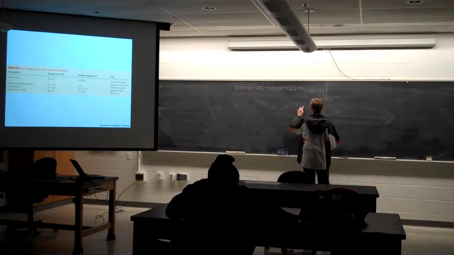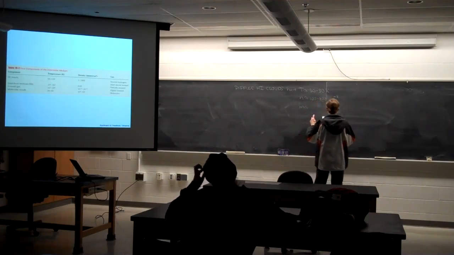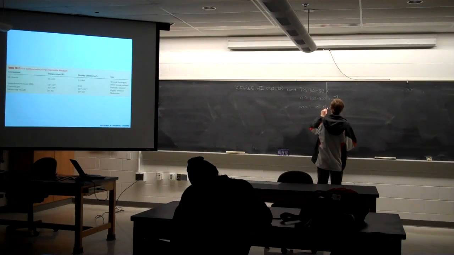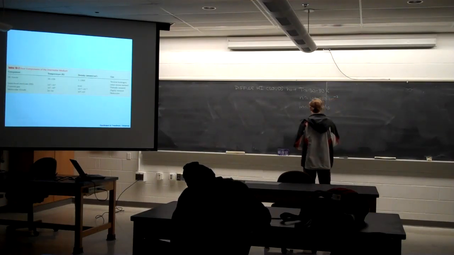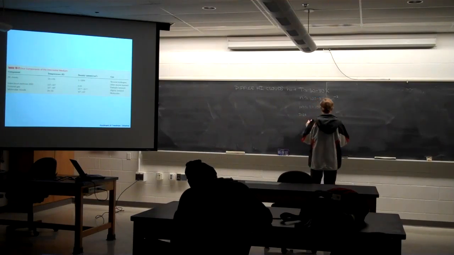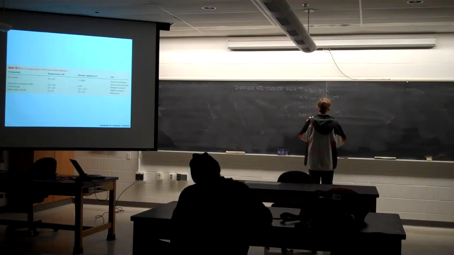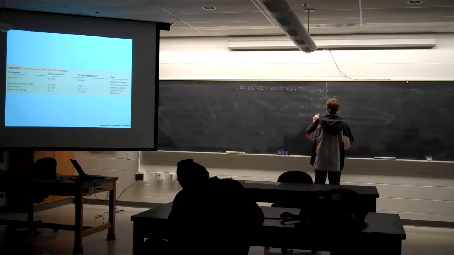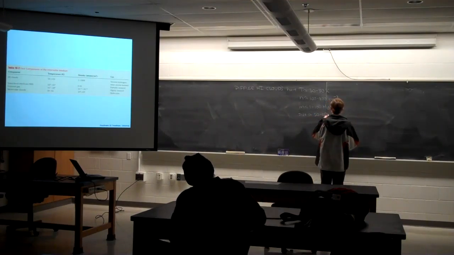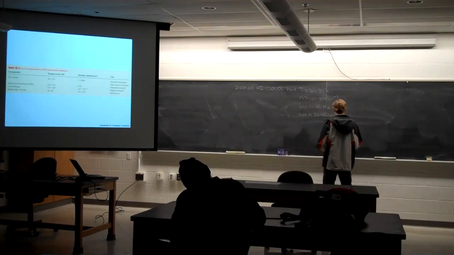And the mass of the cloud is on the order of 1 to 100 solar masses. That's quite a range. Size is on the order of 50 to 150 parsecs. Also quite a range.